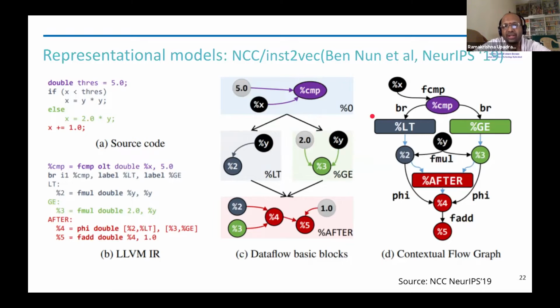So these small trees can be connected using control flow edges. For example, the blue edges are the control flow edges, and this overall thing leads to a contextual flow graph. This contextual flow graph can be sent to an LSTM sequential model, and then you can directly apply word-to-word techniques, etc.